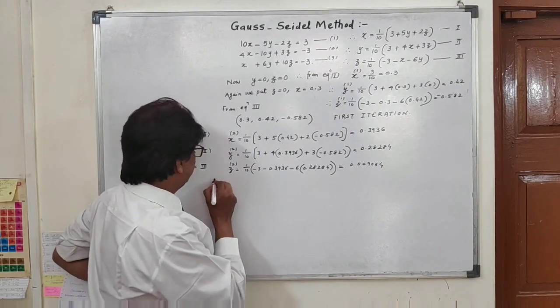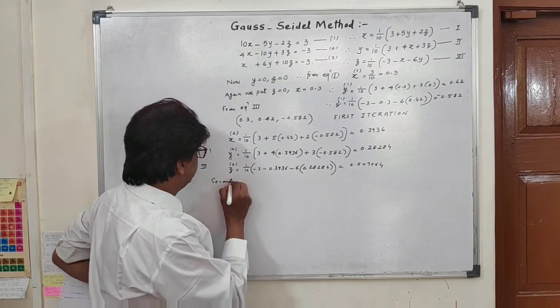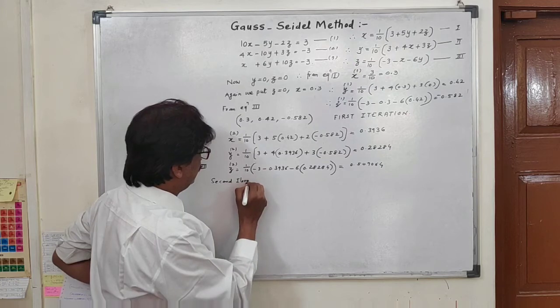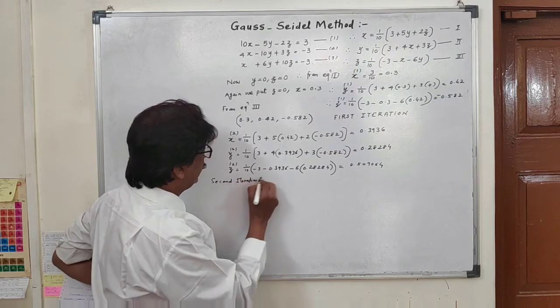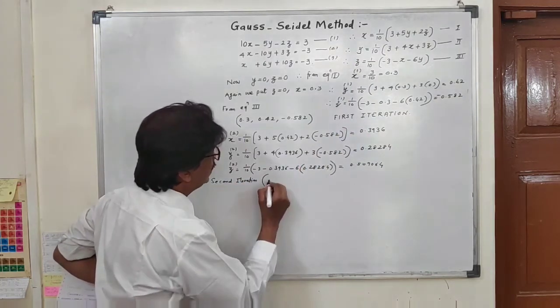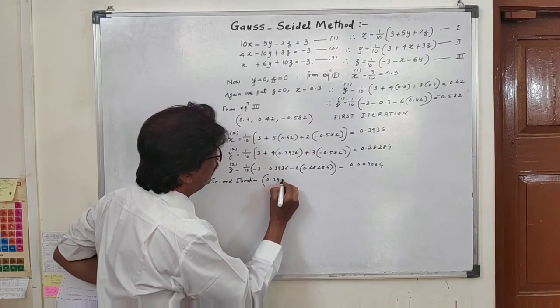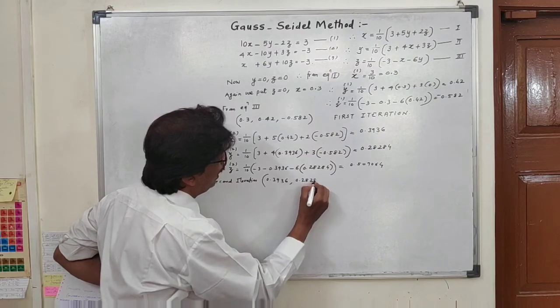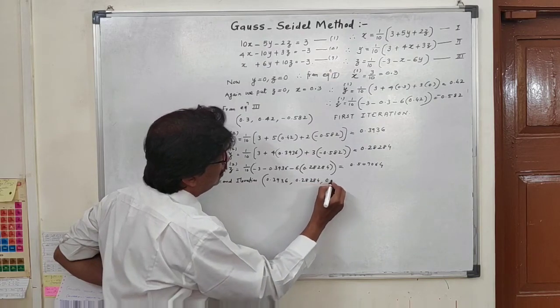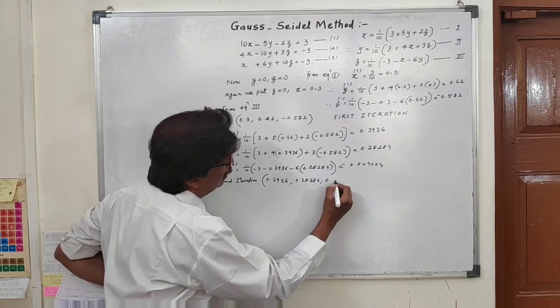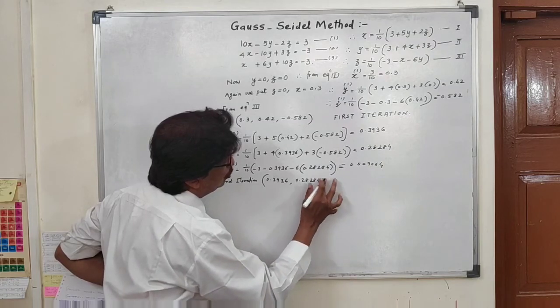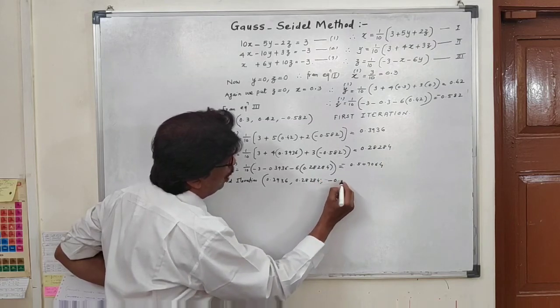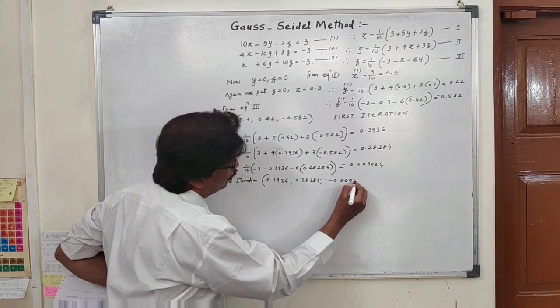So the second iteration has given me this set of values. The value of x is 0.3936, y is 0.28284, and z, this should be negative, is minus 0.509064.